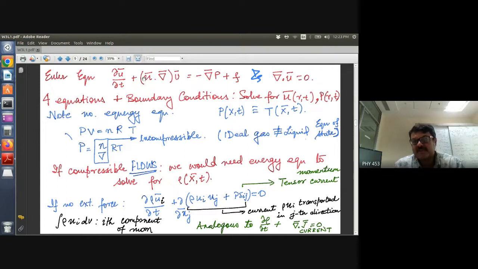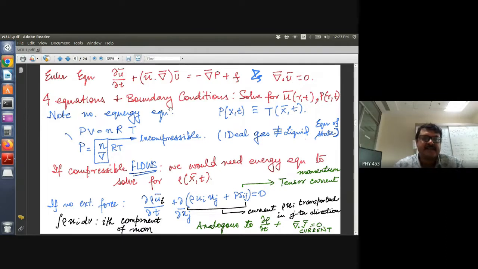And now you can solve this equation for u(r,t) and pressure. There are four equations here, and there's one equation here. You can solve that for incompressible flows. Note, I'm not mentioning the word fluid, it's flows.